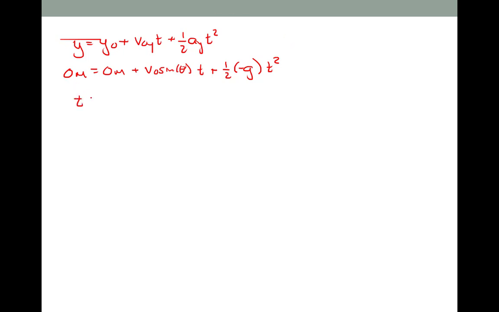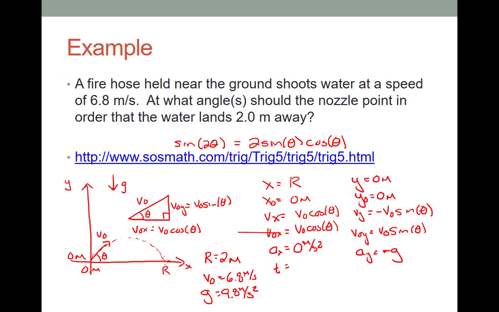The other one is time equals 2 V naught sine theta divided by the acceleration due to gravity. This equation will give you the time of flight for whenever you're starting and stopping at the same height, assuming that everything is set up as shown in the diagram here.